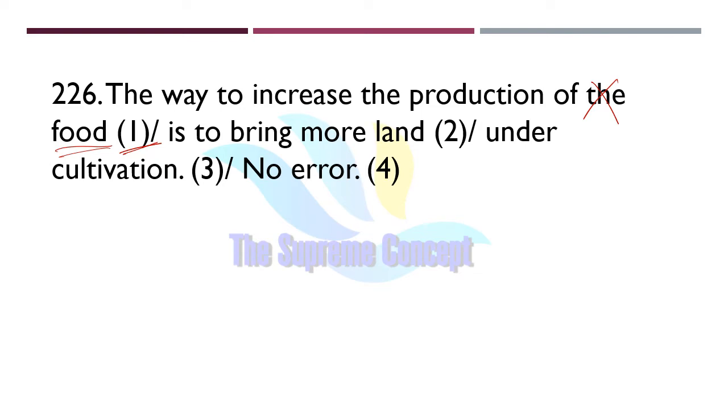So we will use only 'food', because we are not emphasizing which food we specially want. We will simply say: the way to increase the production of food is to bring more land under cultivation. This should be our final answer.